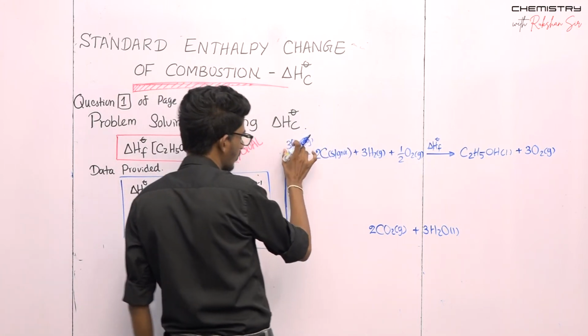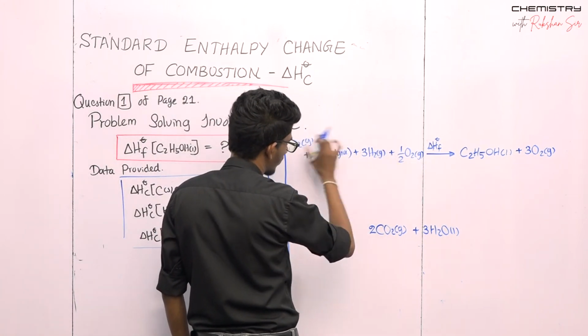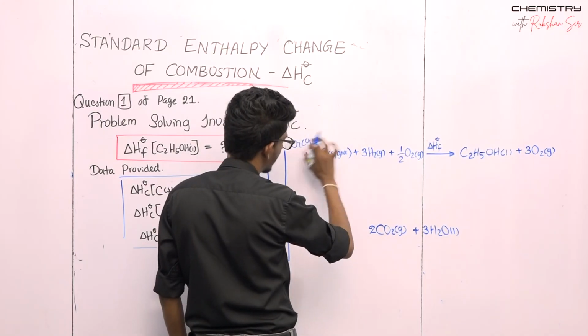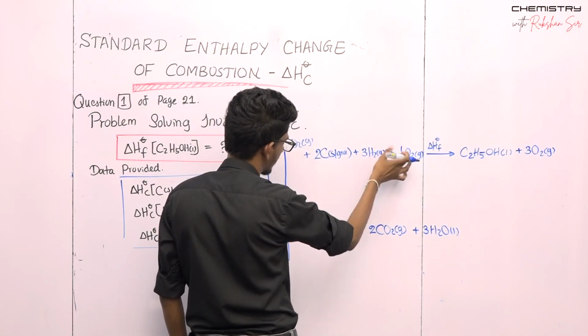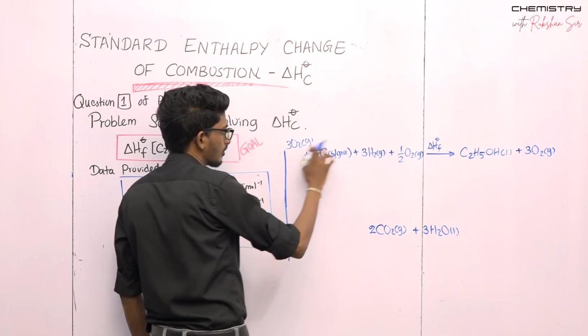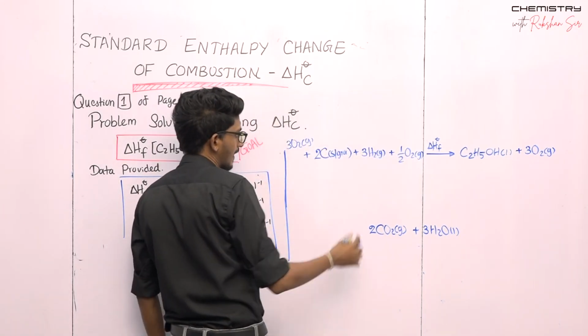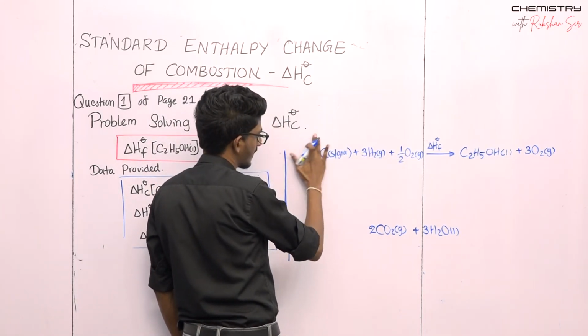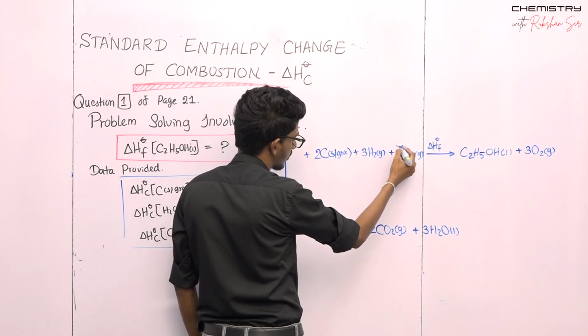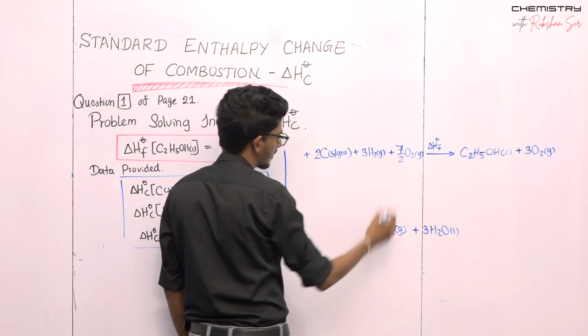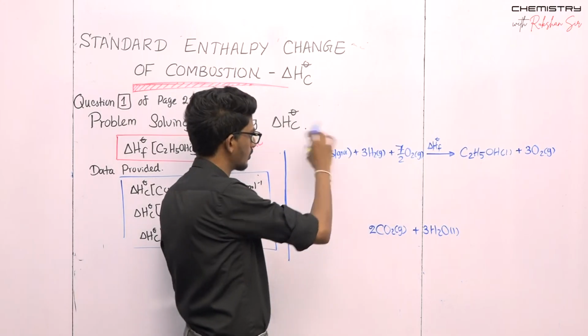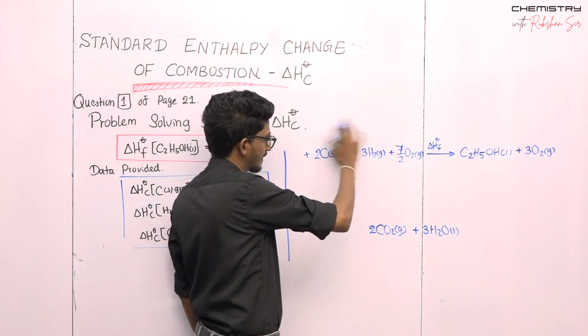So this 3 of O2 gas and this thing all together is going to be 3.5 moles of O2 gas. That can be represented as 7 by 2 O2 gas, right? We are not writing the O2 into the right spaces.